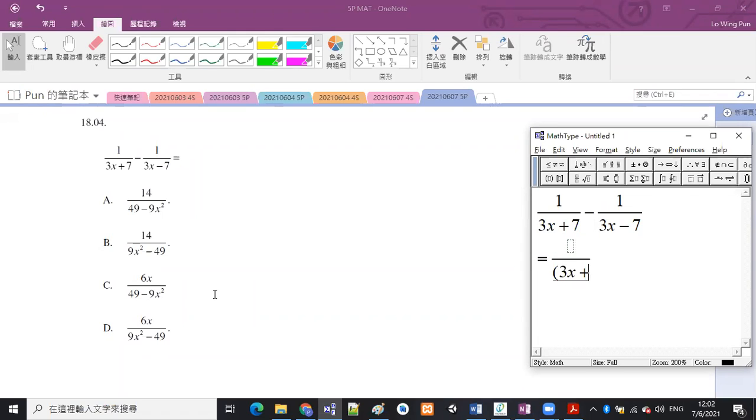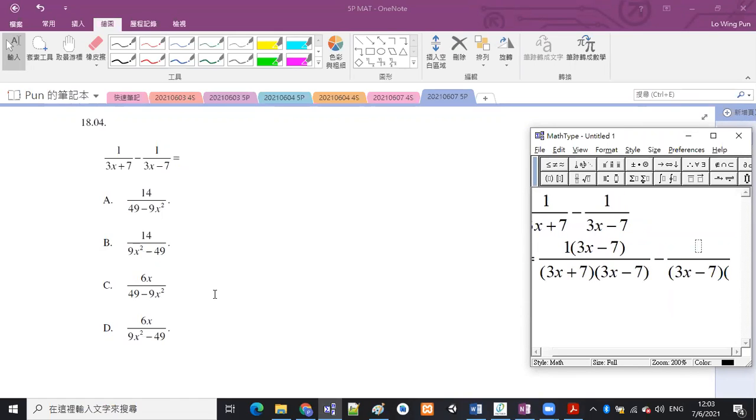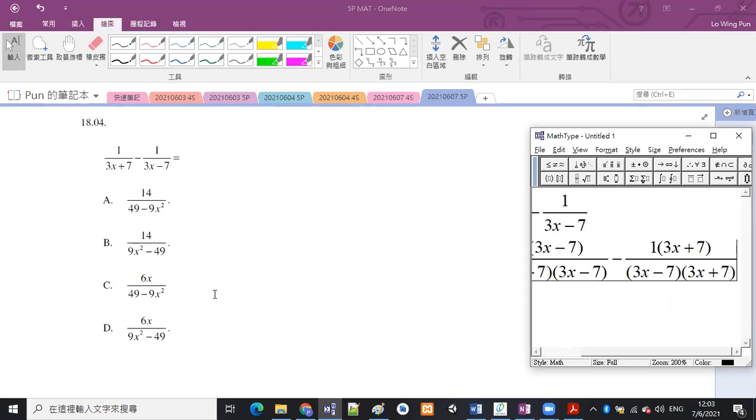We have 3x plus 7 and we don't have 3x minus 7. So multiply 3x minus 7 to both the top and the bottom. It's like this. And then minus. For the second fraction, we have 3x minus 7 and we don't have 3x plus 7. So multiply 3x plus 7 to this.